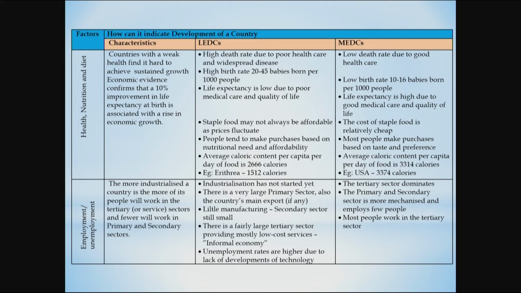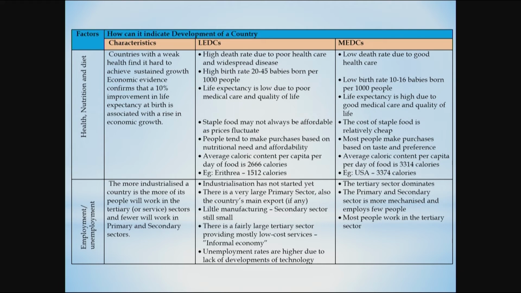For MEDCs, an example is the USA, where we have 3,374 calories per day of food for the Americans. And if we take a country like Eritrea in Africa, an LEDC, they take 1,512 calories per day of food.